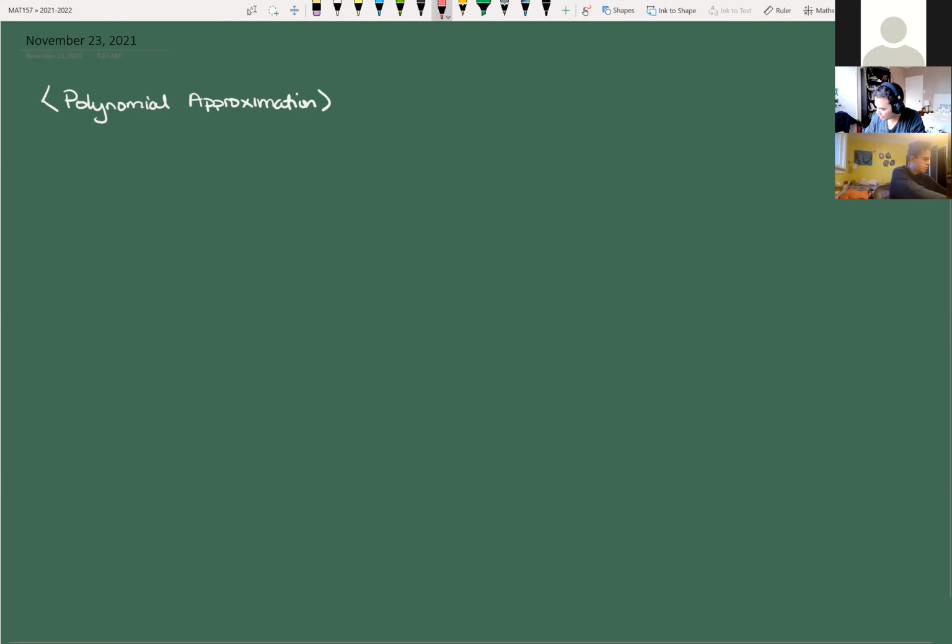Now, I don't think I've formally defined what it means for a function to be C^n, so let me do that first.